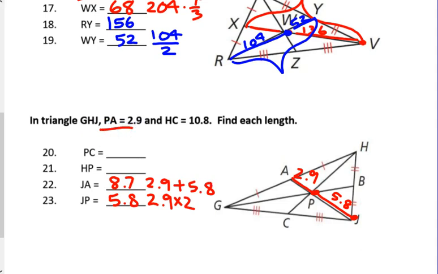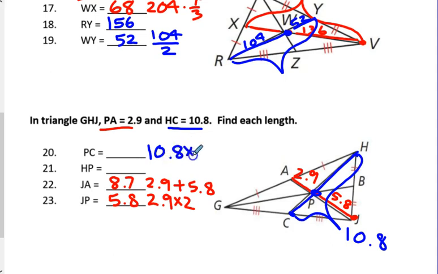Okay? Now, HC is 10.8 all the way across. So remember, to get the other parts, you multiply them by the fractions. PC is the small part, so that's 1/3. So 10.8 times 1/3. And HP is going to be 10.8.